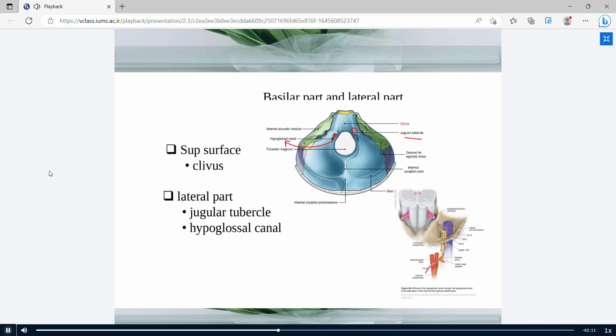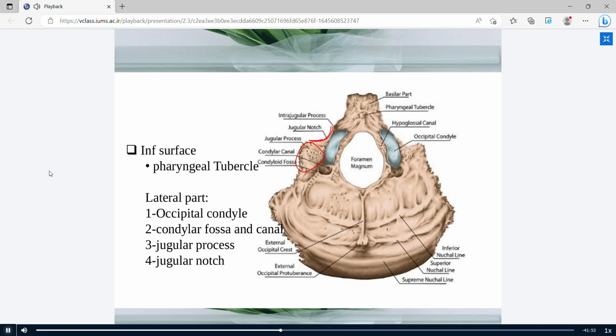This is part of the lateral part of the occipital bone. And the jugular notch with the temporal bone forms the jugular foramen between the temporal and occipital bones.